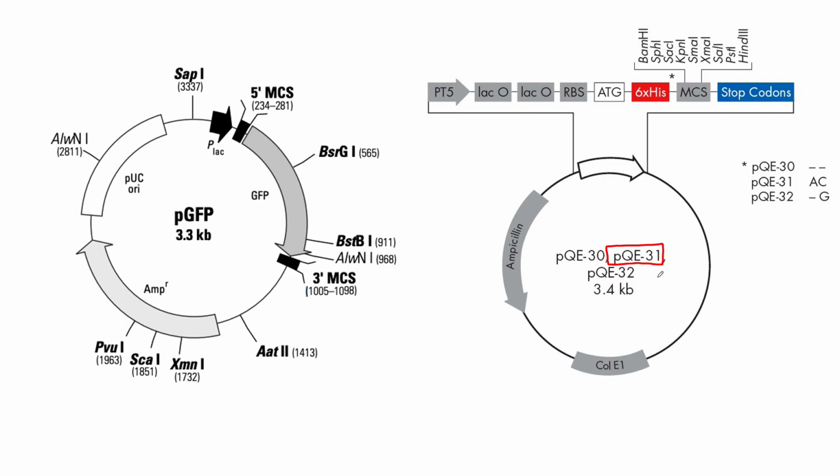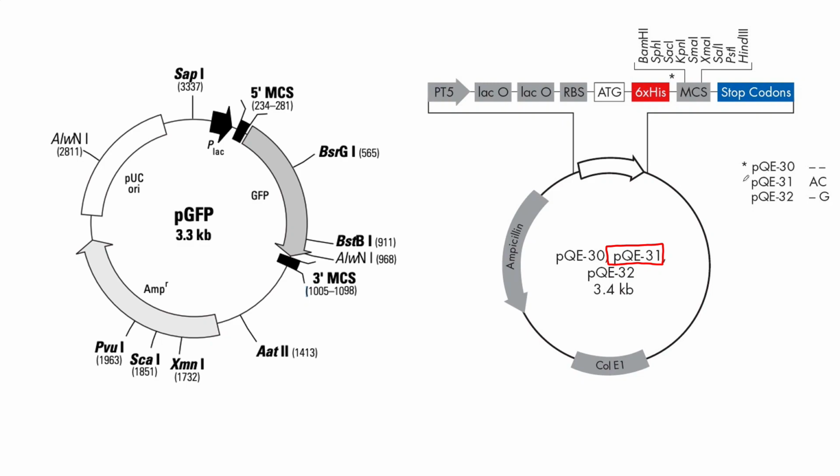There are only slight differences that we don't have time to get into in this video, but maybe in class or in another video we might talk about those. But essentially, long story short, the PQE30, 31, and 32 differ by just two bases. So PQE31 has an A and a C that PQE30 doesn't have. PQE31 has a G that neither of the others have.